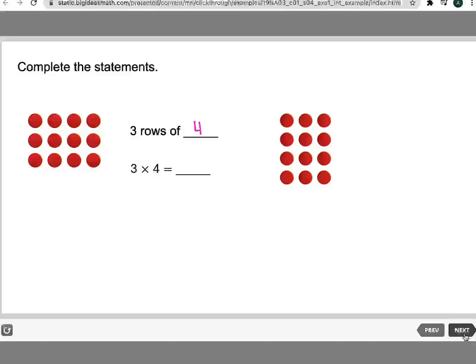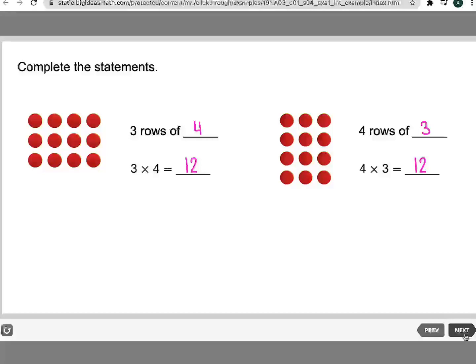So it should be 3 times 4. And what is the product? Count all counters here. The product is 12. Okay, the second one. How many rows? 4 rows of 3. So to write it as a multiplication equation, it's 4 times 3. Count them all to find the product. It's 12 also.